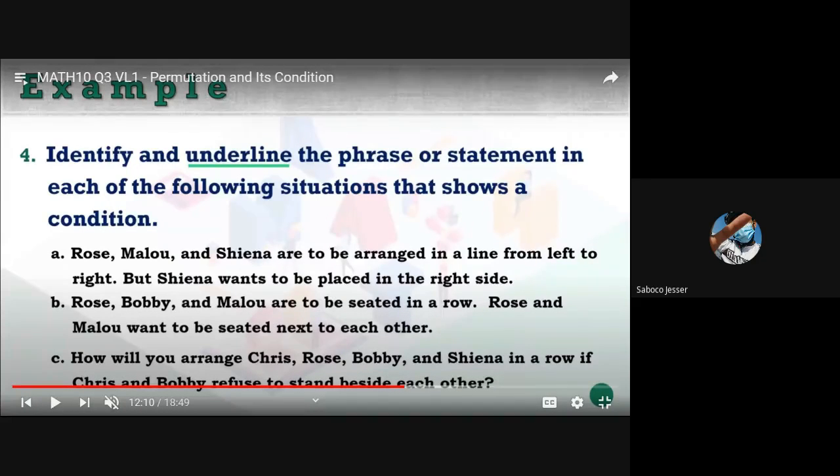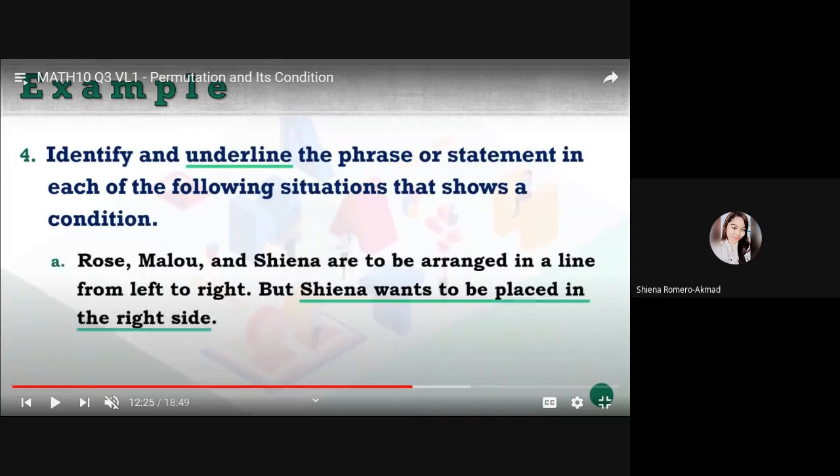How will you arrange Chris, Rose, Bobby, and Sheena in a row if Chris and Bobby refuse to stand beside each other? So, alin dyan yung condition? Yung si Chris and Bobby po ayaw magtabi. Opo, ayaw mag. So, those are the conditions here in the given situations.